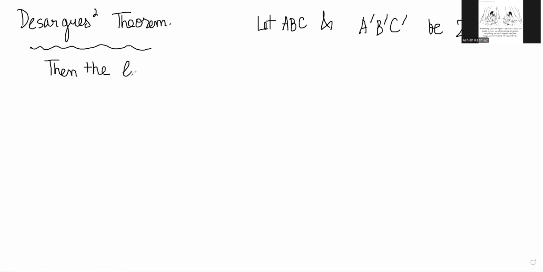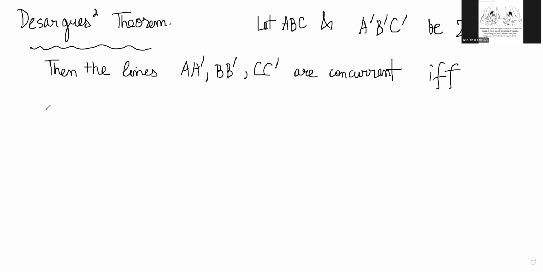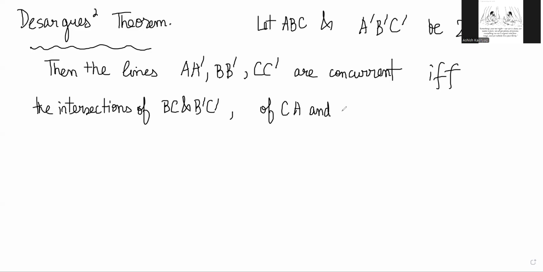Then the lines A A dash, B B dash, C C dash are concurrent if and only if the intersections of BC and B dash C dash, of CA and C dash A dash, and of AB and A dash B dash are collinear.